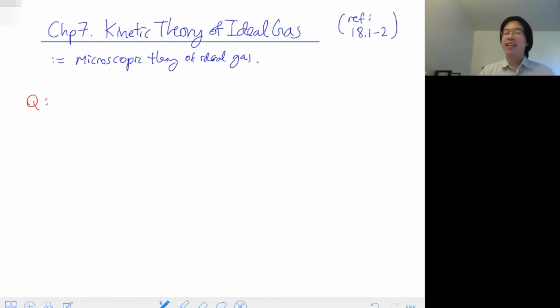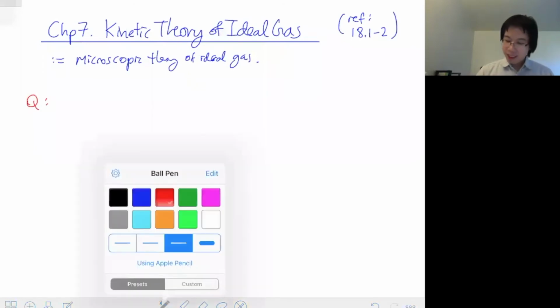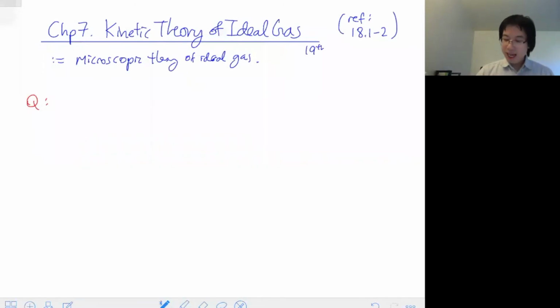The kinetic theory of ideal gas was developed way later by Lord Kelvin and a lot of other 19th century physicists, almost 100 years after the macroscopic theory was developed by Joule and to some degree Laplace, Newton, all those guys we've heard of before.